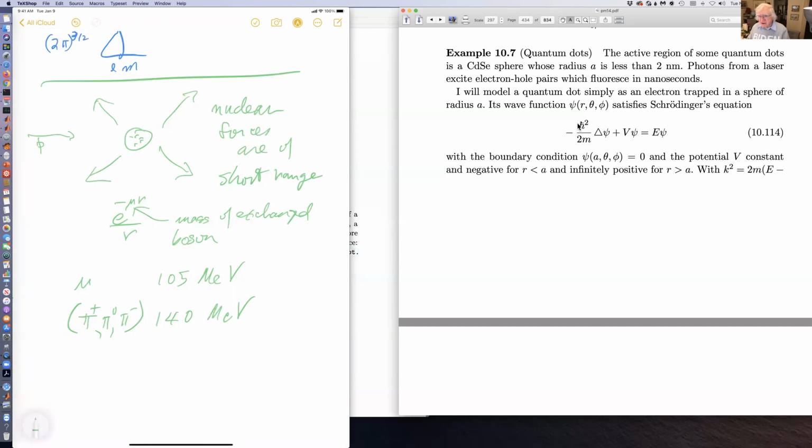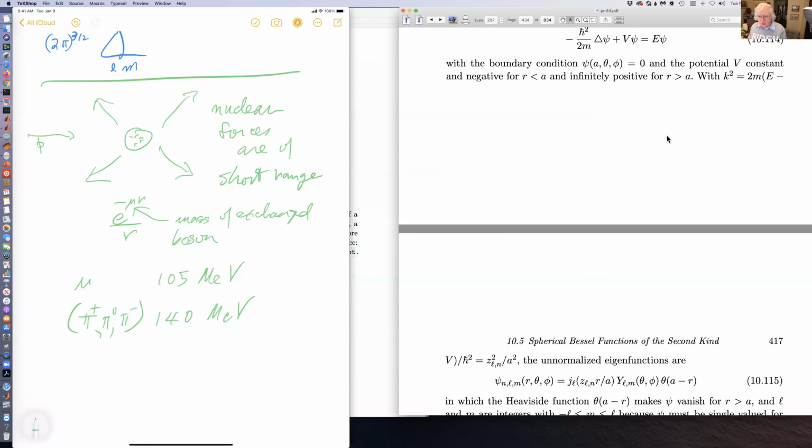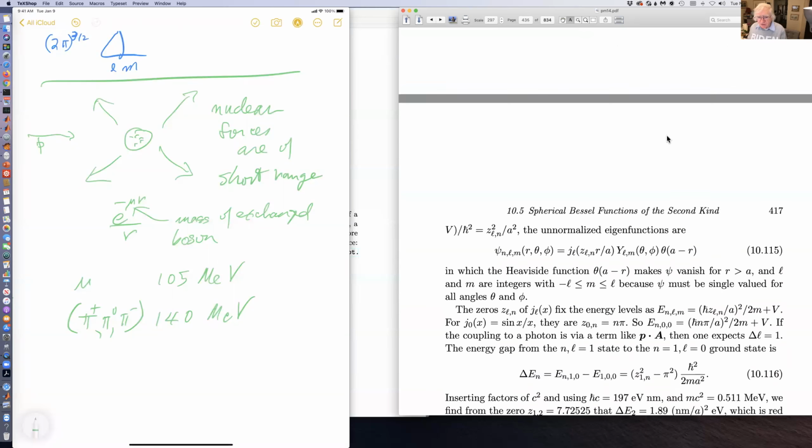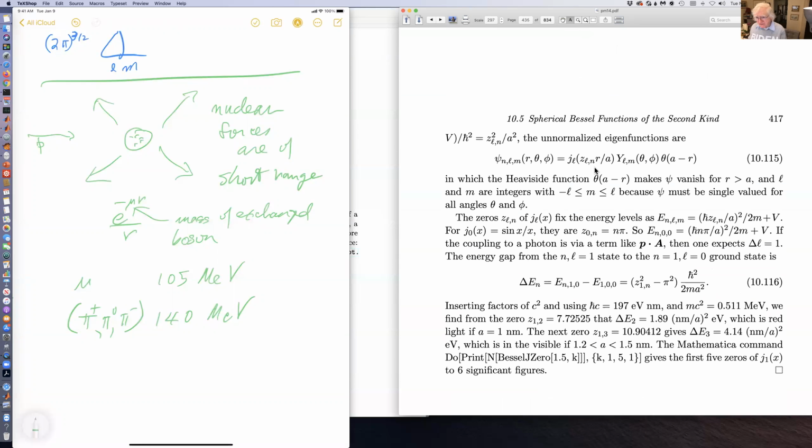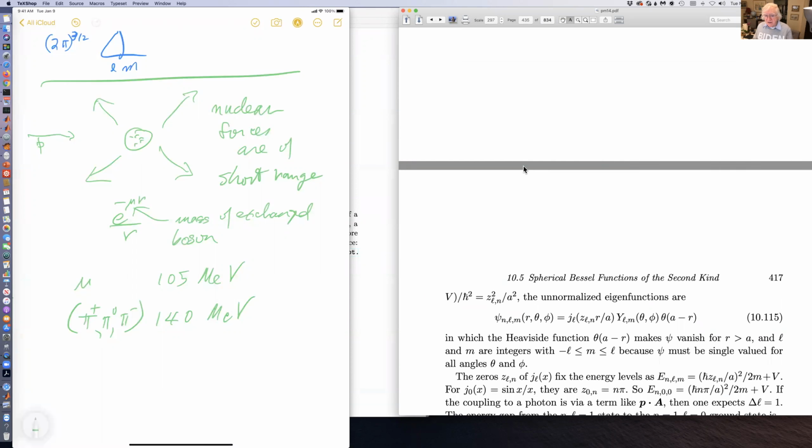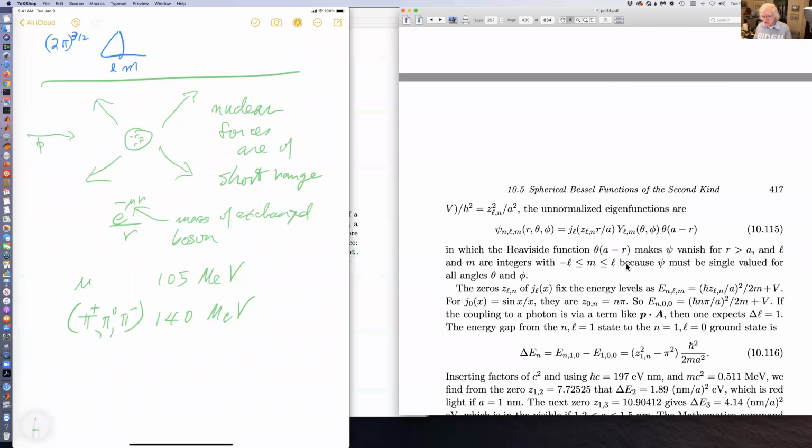So this is the eigenvalue equation, and you wouldn't be surprised to learn that this is a spherical Bessel function times a spherical harmonic, but there's a boundary condition, namely that the thing vanishes at r equal to a, and we can put in a Heaviside function to make that happen.